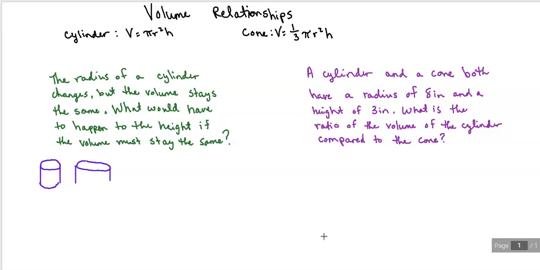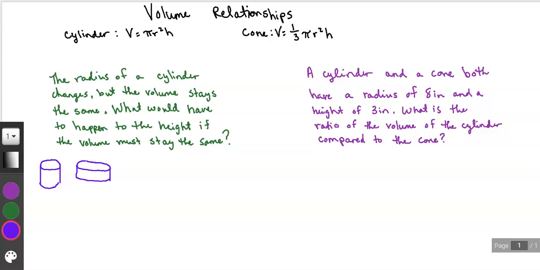Now, in order for these to have the same volume, this glass would have to be much shorter in order to hold the same amount of liquid. I know that's kind of weird, but basically whatever happens to the radius, the height needs to do the opposite to compensate for it so that it still stays the same amount.